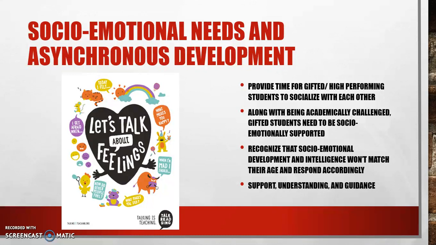For example, if a child is 5, in kindergarten, and reading at a 3rd or 4th grade level, still make sure they're getting the social and emotional support of their age, and give them support, understanding, and guidance.